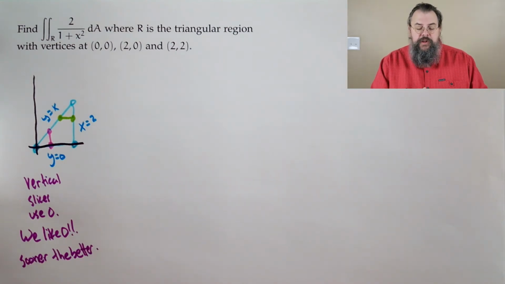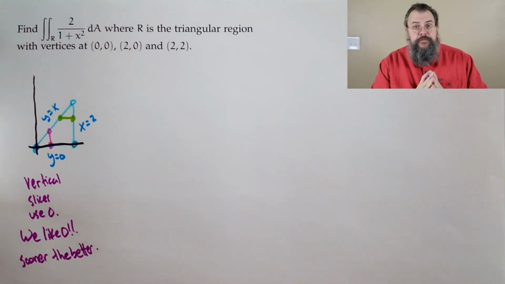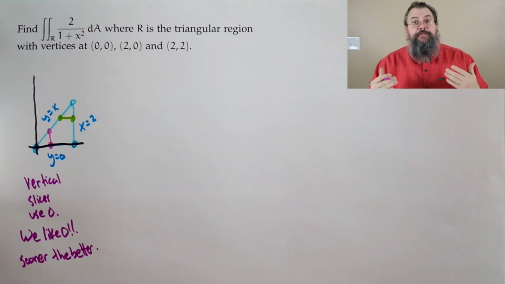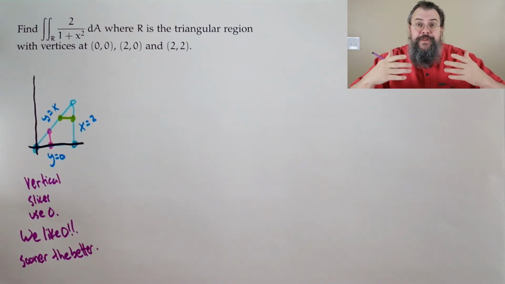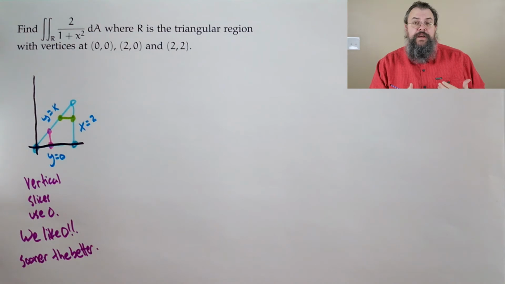So we like to get 0 inside as much as possible. Now you might say, why do you care so much about 0 showing up early? Because oftentimes when you evaluate at 0, what happens? Well, things go away. That's why we like 0, because 0 is a great simplifier.